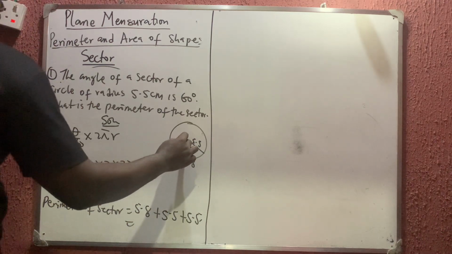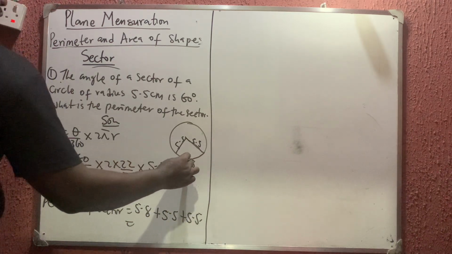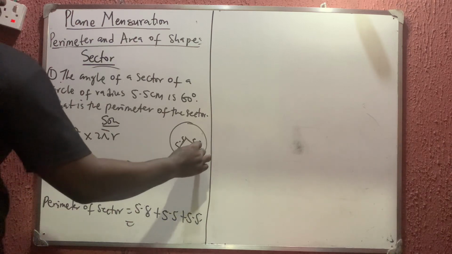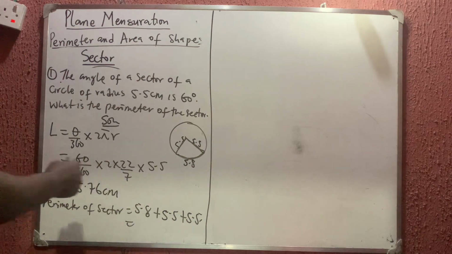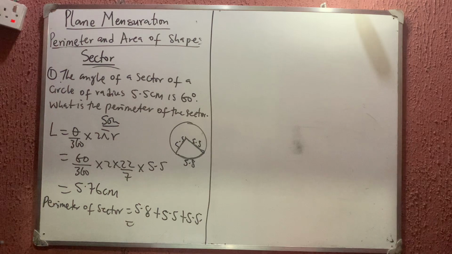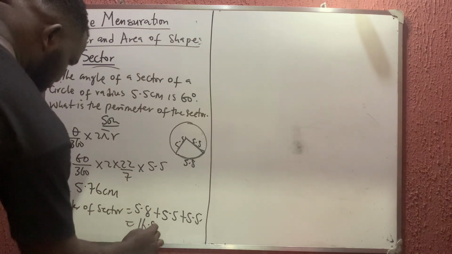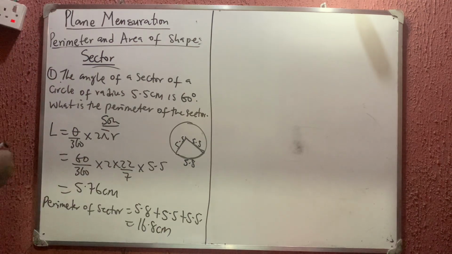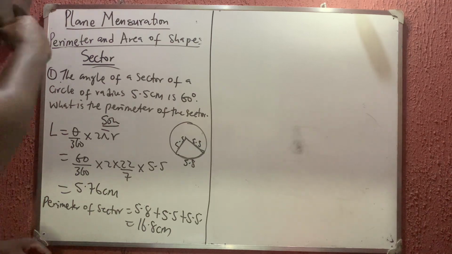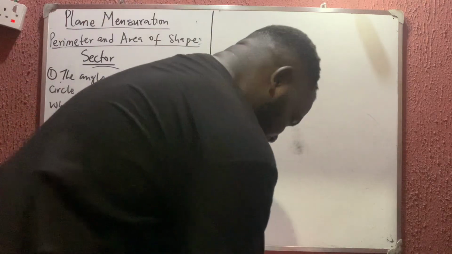The perimeter is the round shape, so if you add it up, 5.8 plus 5.5 plus 5.5, the total is 16.8 cm. So that is the perimeter of that sector. We move to question number 2.